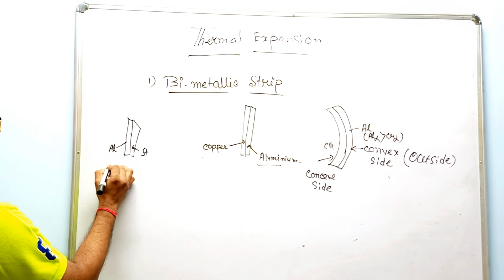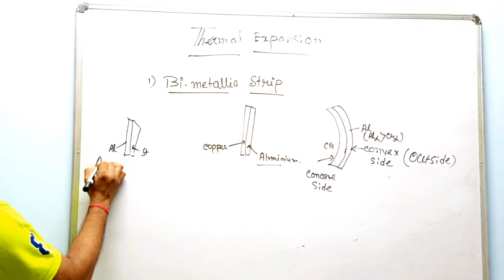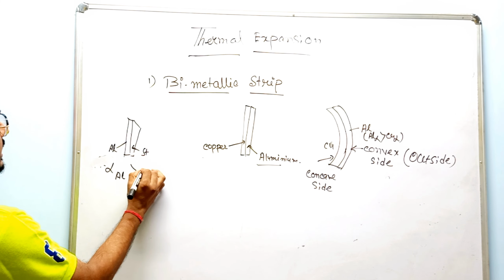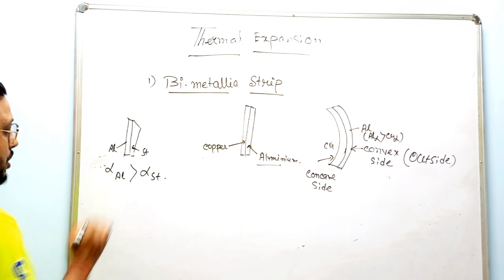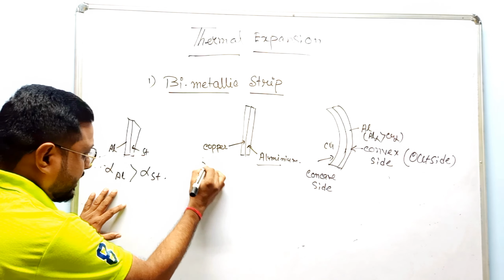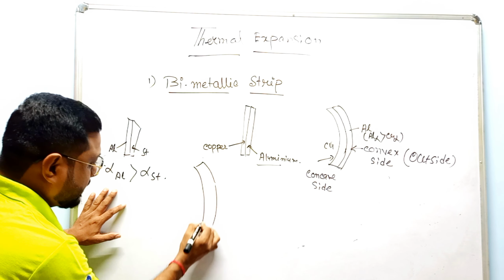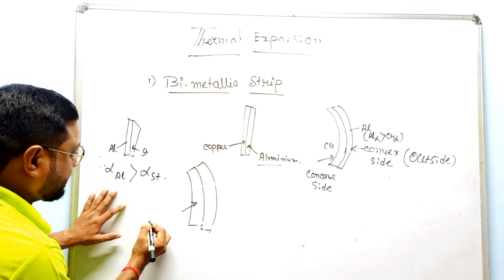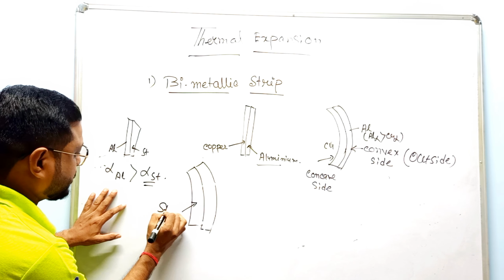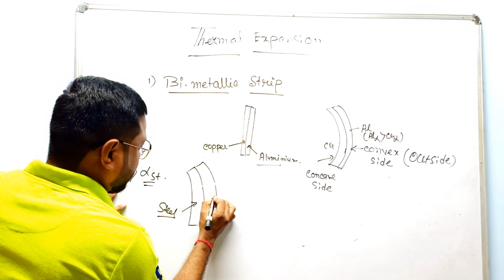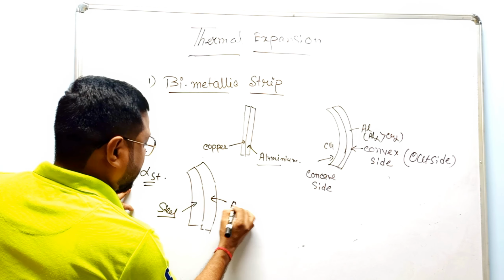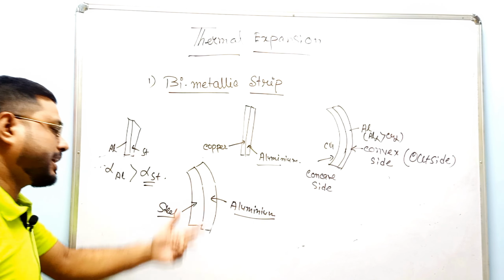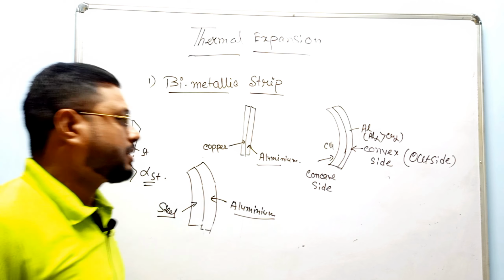Alpha of aluminium is greater than alpha of steel. So if it bends along this direction, steel exists on the concave side and aluminium exists on the convex side, or outside. So you can answer according to the options of the question.